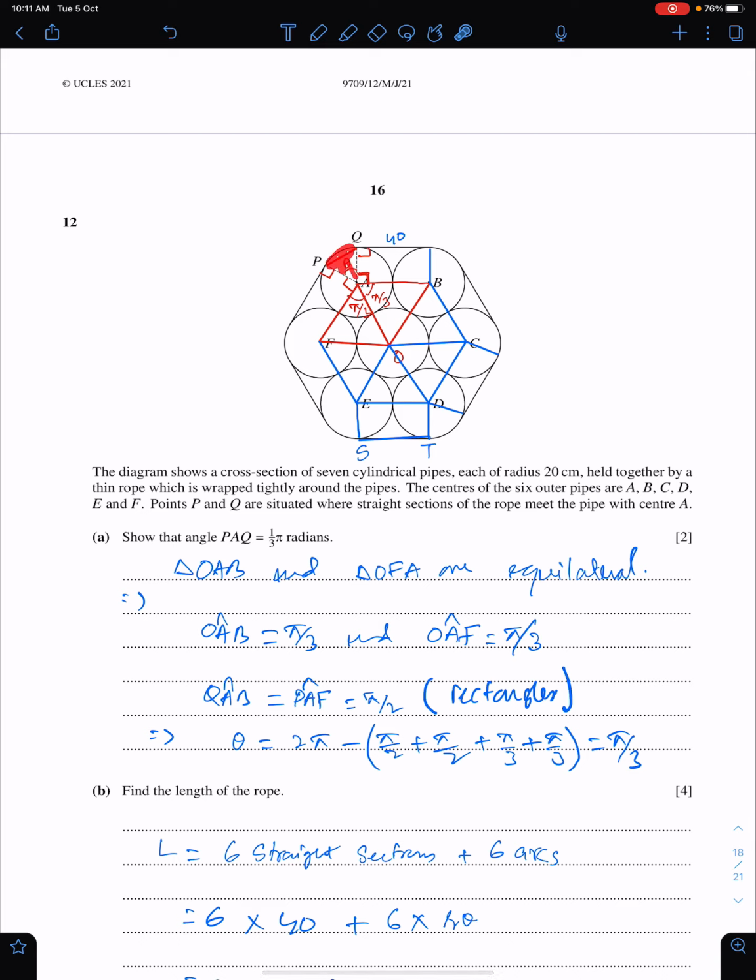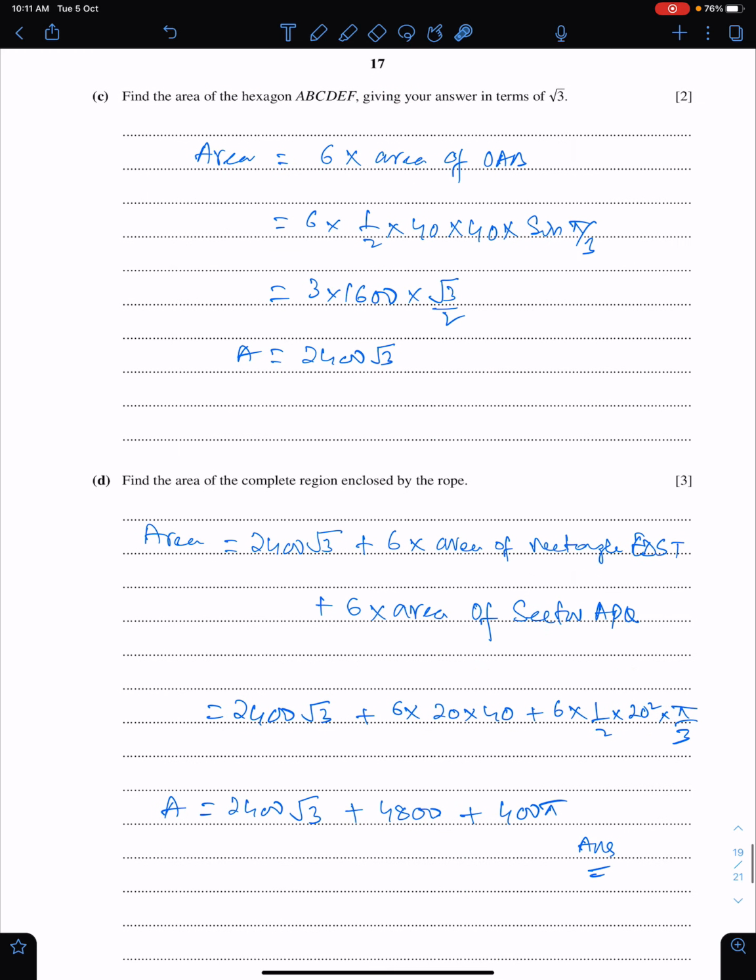So we have 3 things: hexagon, rectangles, and sector. This sector APQ. We have 6 sectors of this. So rectangle 20 into 40 and sector is very simple. That's the final answer, exact answer. So leave your answer as it is.